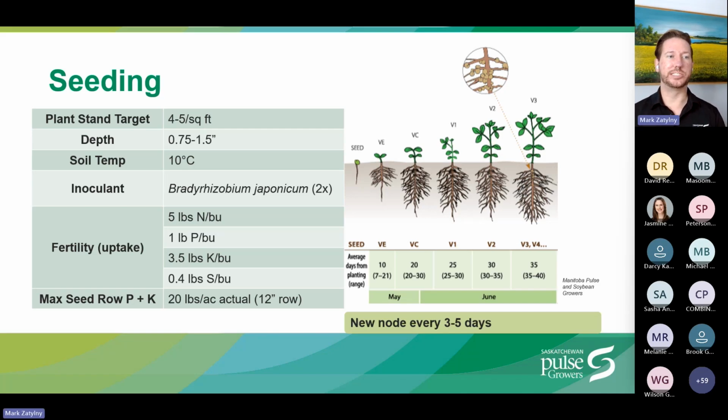Another thing to remember with soybeans is inoculant is critical, as the soil we have in Saskatchewan doesn't have that native bradyrhizobium in it. So you do need to apply it to either the seed or granular or peat or however you want to do it.